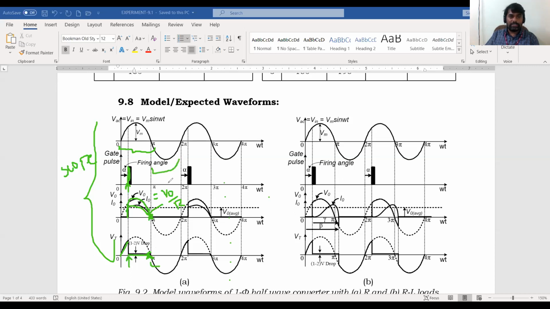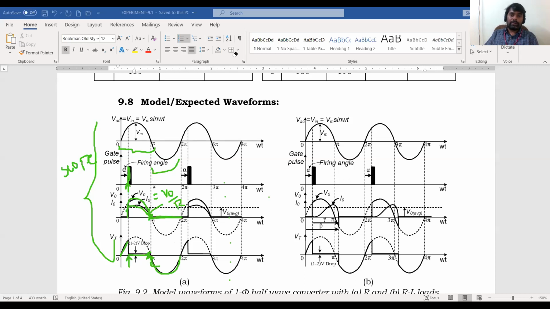During this negative half cycle, the SCR is in reverse bias condition, so it will be in off condition, and you will get a complete negative voltage across the thyristor. Since the SCR is off and connected in series with the load, there is no output current during this negative half cycle. If there is no output current, you won't get output voltage. So the output current as well as output voltage during the negative half cycle equal 0. And the cycle goes on repeating.